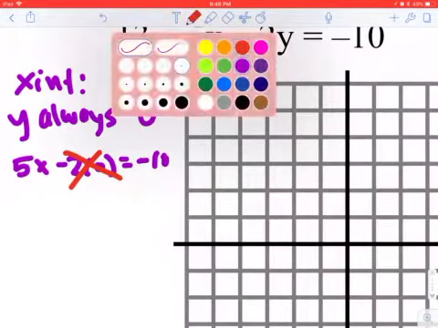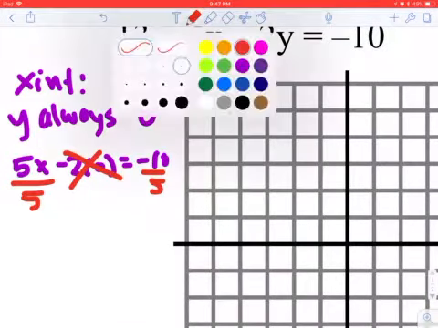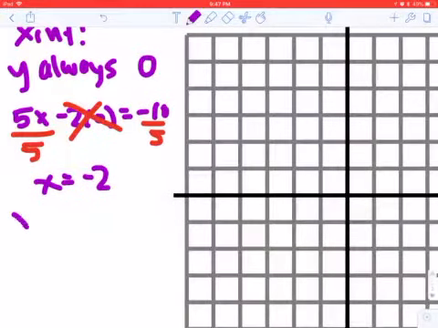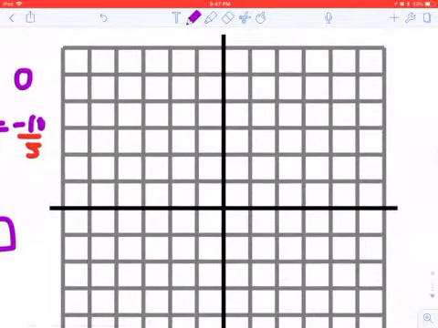I need x by itself, so I'm going to divide both sides by 5. And you see I get x is equal to negative 2. So that means your x-intercept is negative 2. I'm going to go on the x-axis, count negative 2, and put a dot there.